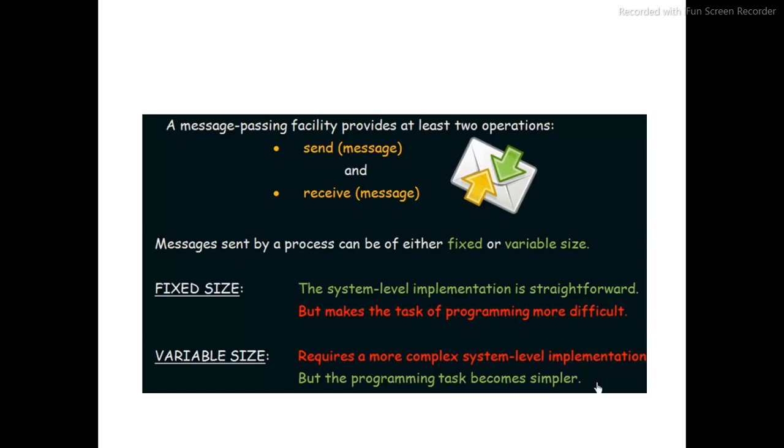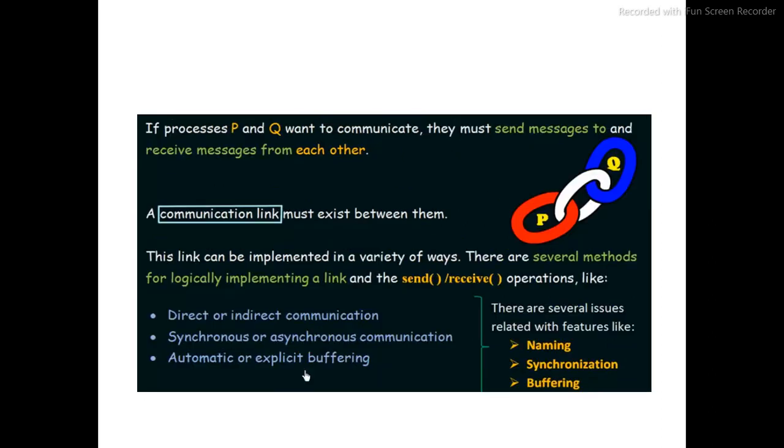If P and Q want to communicate with each other, they must be able to send and receive messages from each other. P and Q may be residing on different machines or places. So how is this possible? There must be a communication channel or communication link connecting these two processes.